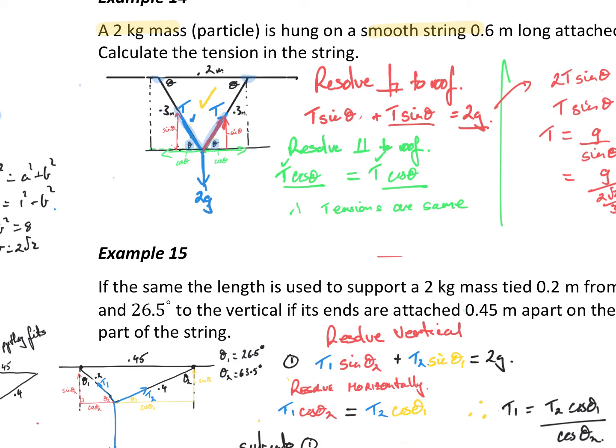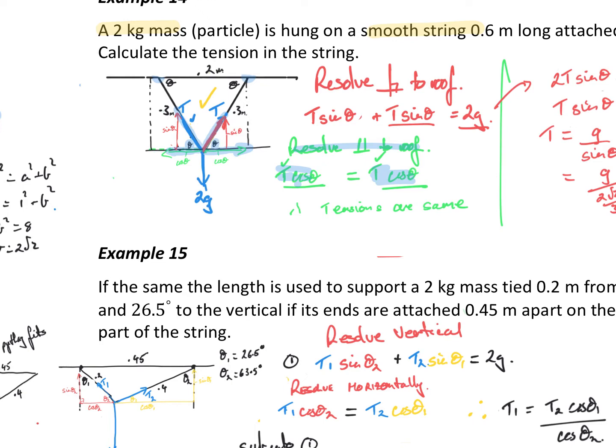So even if you weren't sure if the tensions were the same, if we resolve parallel to the roof, or horizontally, this component here, T cos theta, is going to be the same as the component going in the opposite direction, T cos theta. Okay, so the horizontal forces, because my particle is in equilibrium, are going to balance each other out. So the two forces are going to be the same.